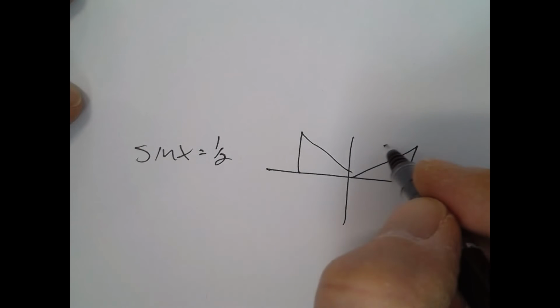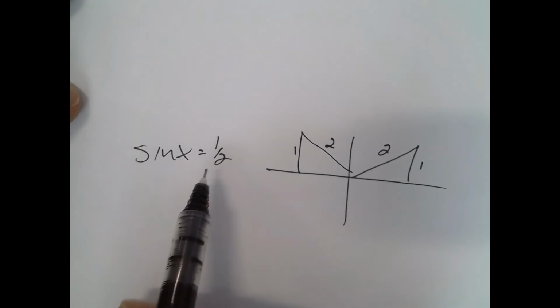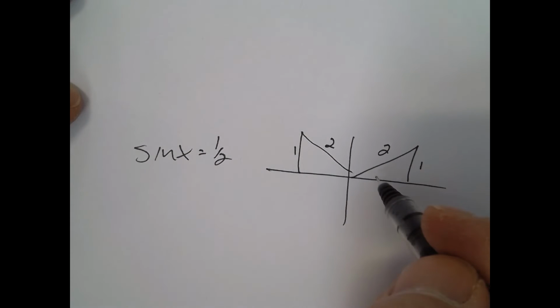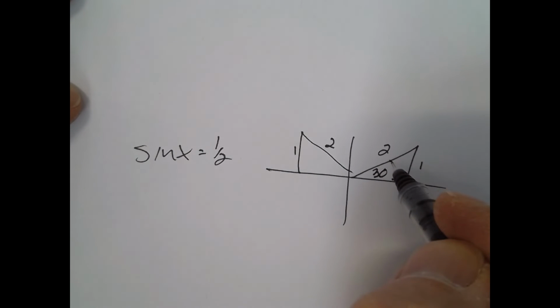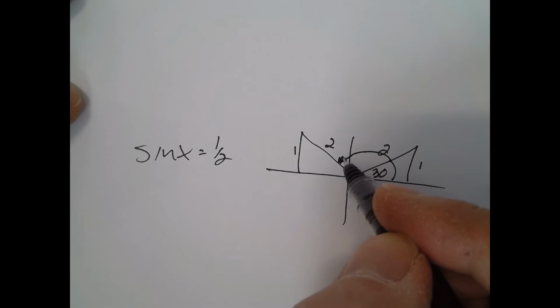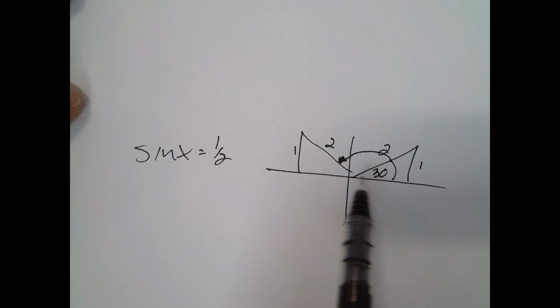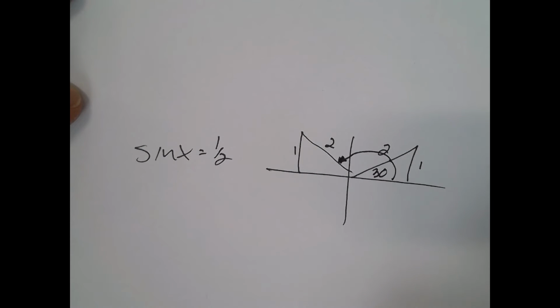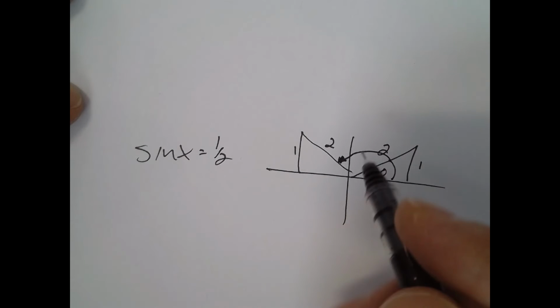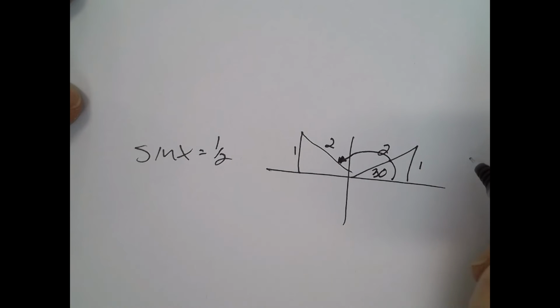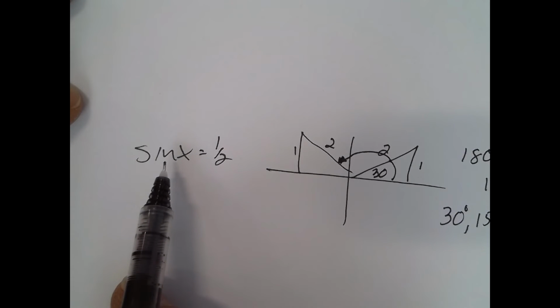There are two answers: this one, which is 30 degrees, and the other one, which is 180 minus 30, giving you 150 degrees. Those are the two times that sine is equal to 1/2.